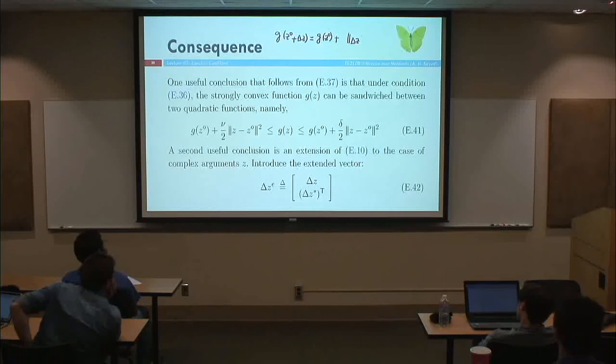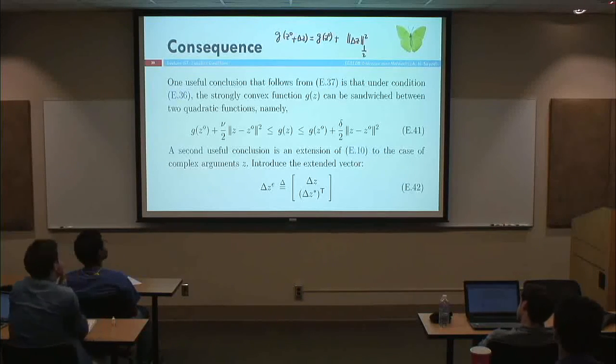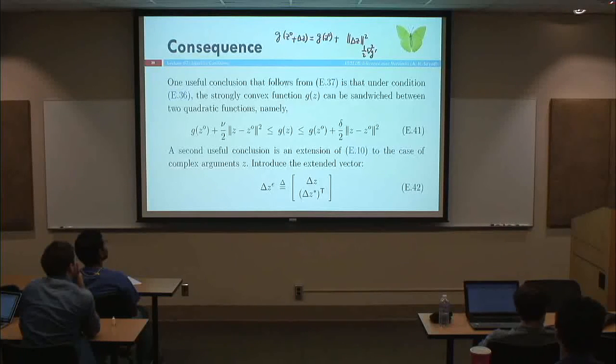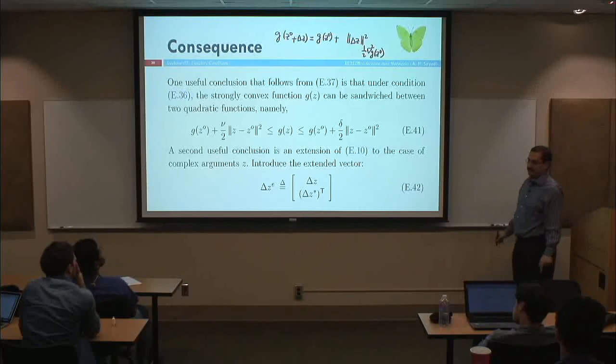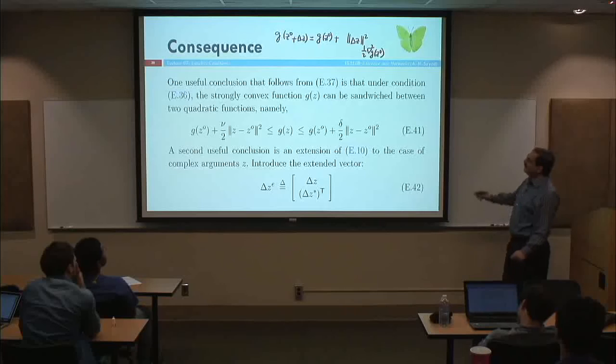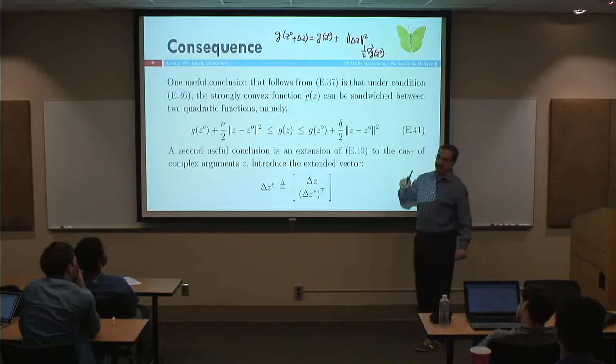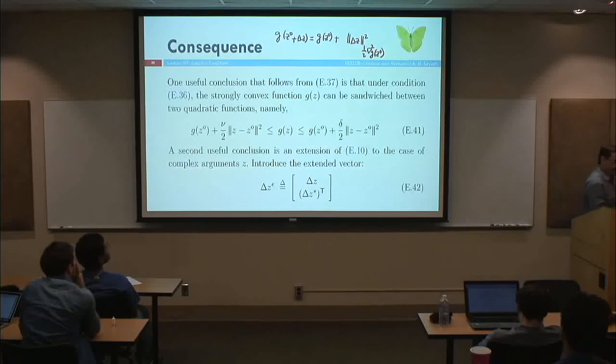Weighted norm with the Hessian at z0, right? This was in the real case. What is the analog of that in the complex case now? Now, if you remember, how did I get the result I wrote here on top? I got that result by integrating, right, an expression that involved the Hessian.